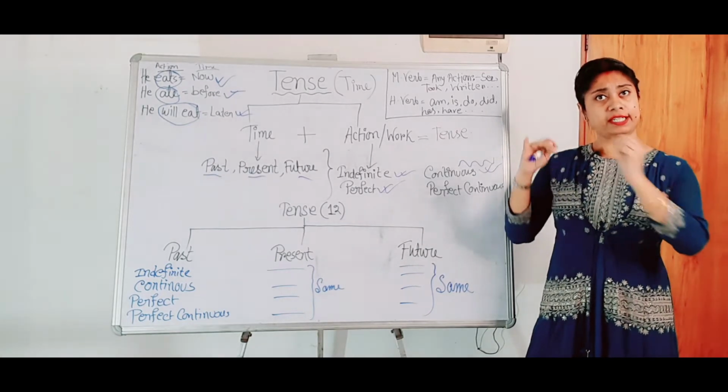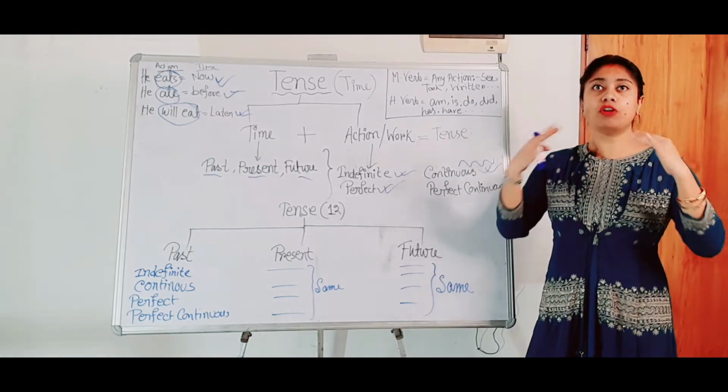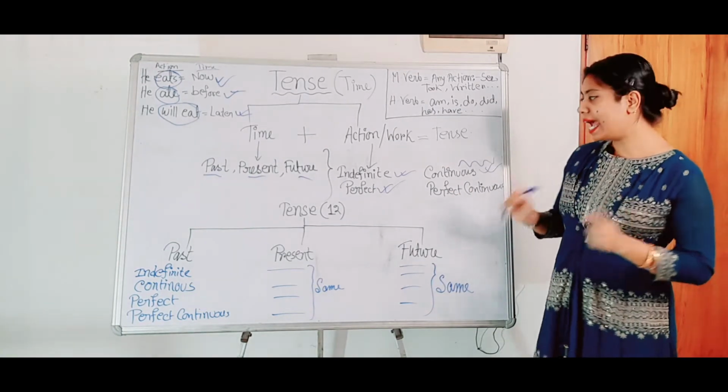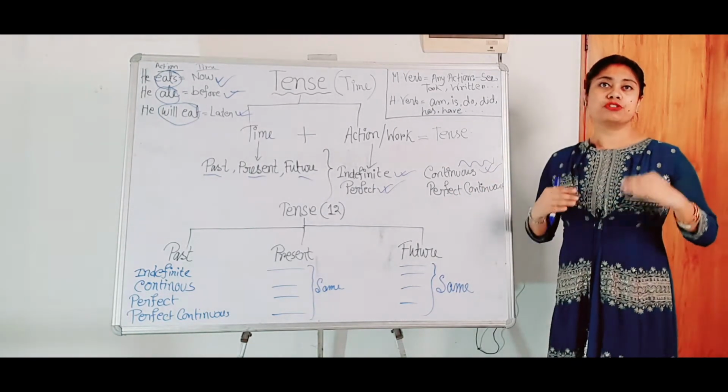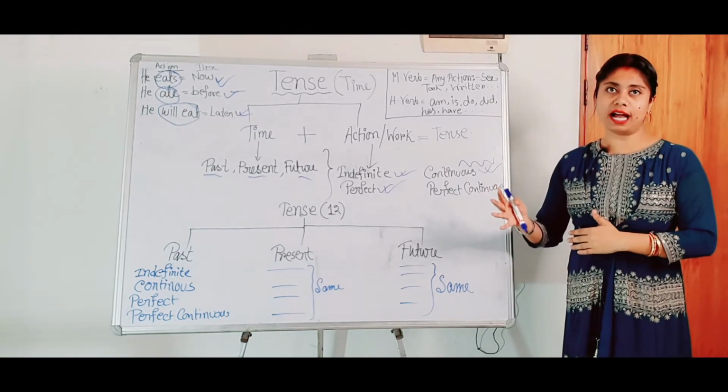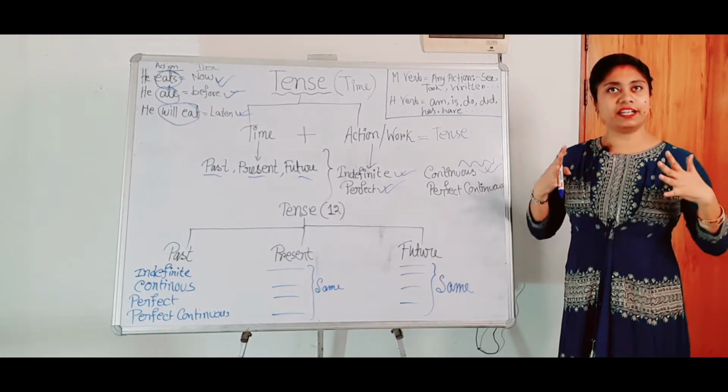This is perfect. How the work is going on, has the work finished? This is perfect. And perfect continuous मतलब जो चले आ रहा है, खत्म हो गया, फिर अभी भी चल रहा है. This is called perfect continuous.